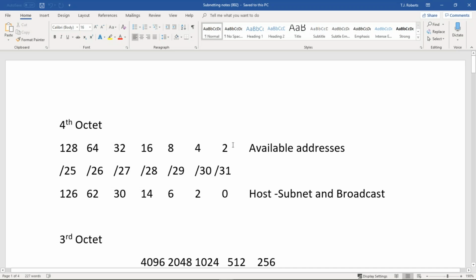They say I need 70 devices, so which one is going to give me 70 hosts? It's not going to be this one, so it's going to be a slash 25. 64 is not enough for 70. A slash 26 gives 62 hosts, but that isn't enough, so I have to move up to slash 25.